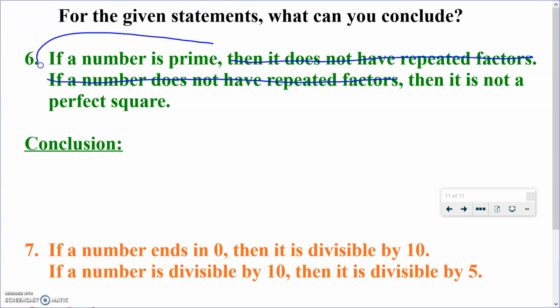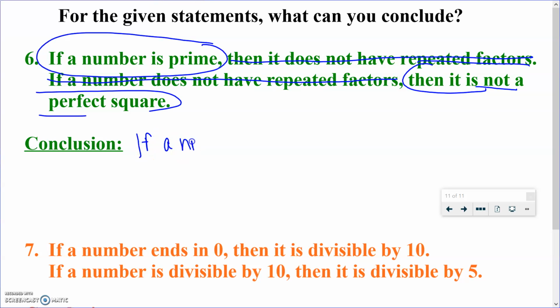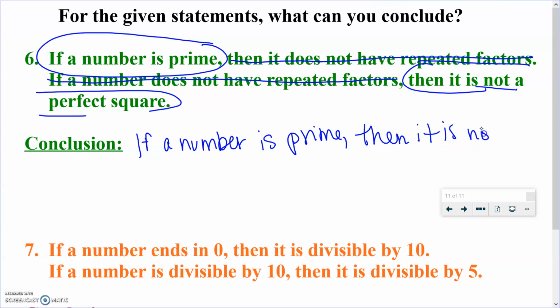So I'm going to take this first hypothesis and this second conclusion and make a new statement. So my new if-then statement is if a number is prime, then it is not a perfect square.